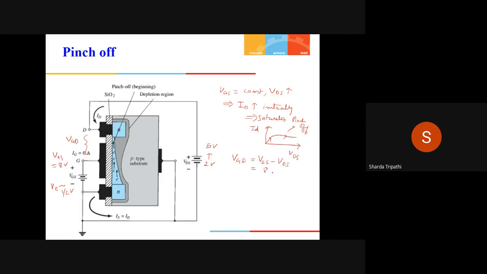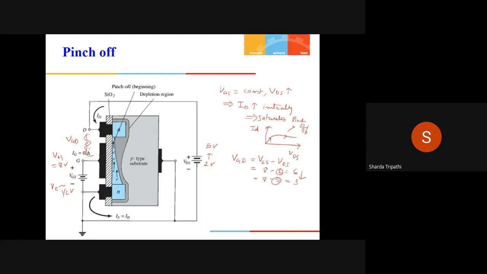So this is 8 volts minus 2 volts, 6 volts. Whereas for the other case, this will be 8 volts minus 5 volts, so 3 volts. So what does this mean? This means that when I increase the value of VDS from 2 volts to 5 volts, I'm actually reducing the effective voltage that is appearing between the gate and the drain.